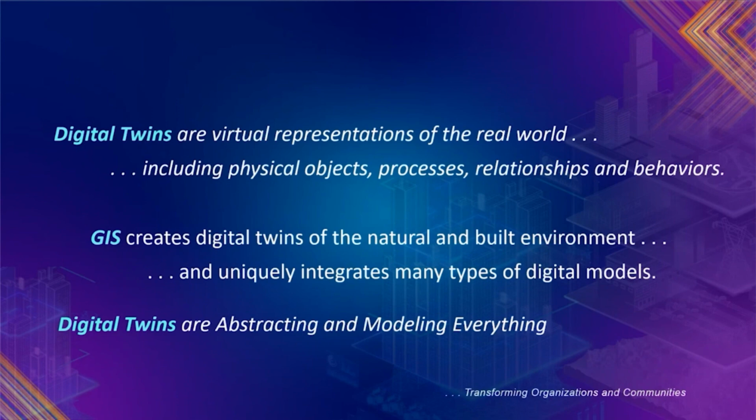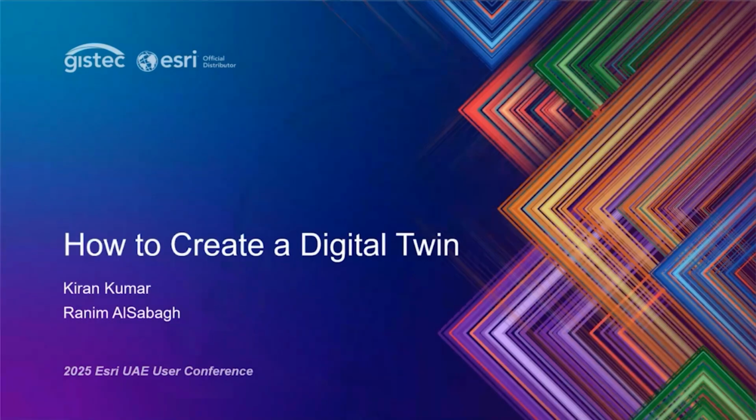For example, if I want to create a digital twin for the environment, I can do that. If you are interested in buildings, a digital twin will be created for that, and so on and so forth. So specifically, a digital twin is whatever you have on the ground, creating a replica of that in your system, and then working with that.